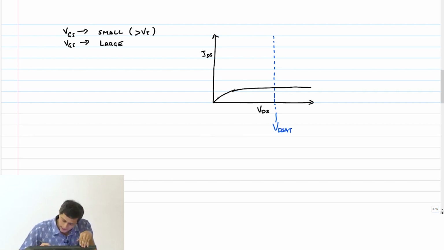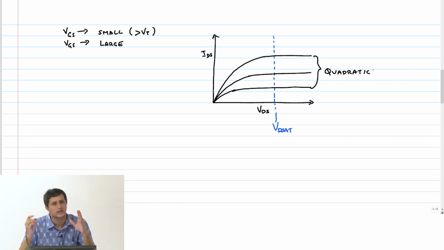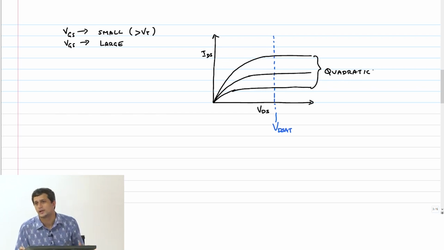Now again, if I take the next VGS, which is quite small, then this will go like this. Further if I go, it will go like this, and this behavior can be quadratic because we are still in the old saturation region only, correct?